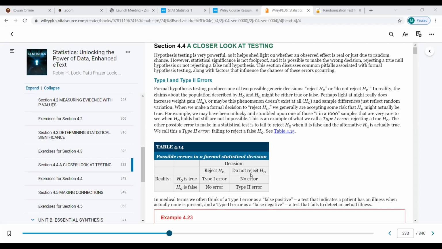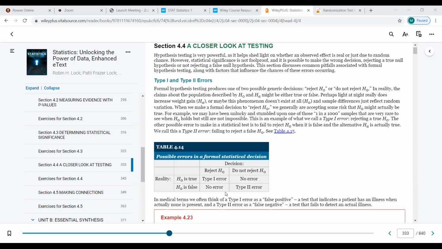Now, notice that if the null hypothesis is true and our statistical decision is do not reject the null hypothesis, then we've made a correct decision. That's called no error. Also, if the null hypothesis is false and we reject it, that's also a correct decision.